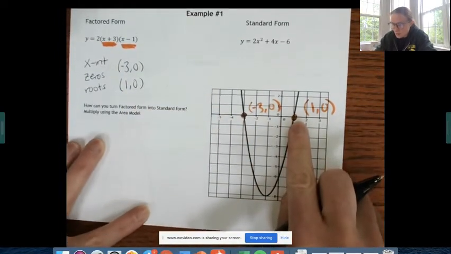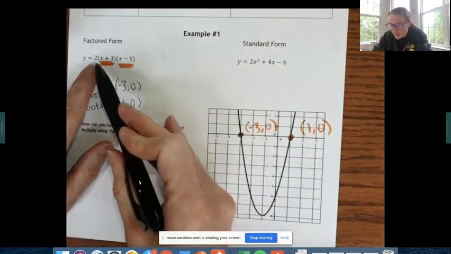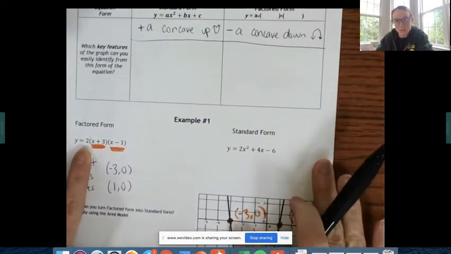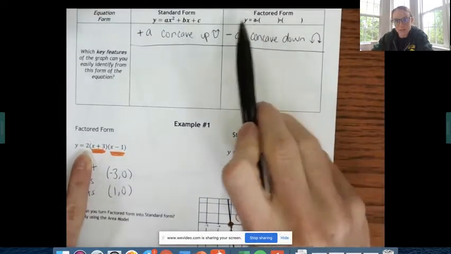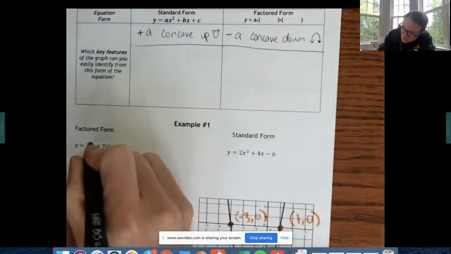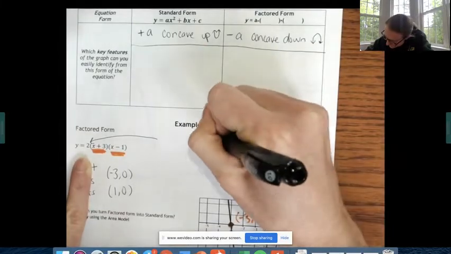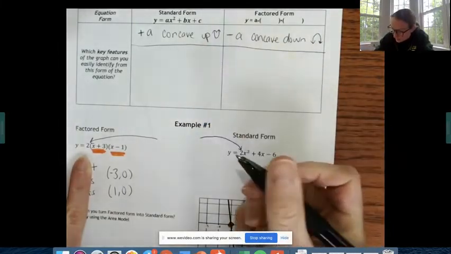All right, we can also see this a value. And we said this a value is 2. So let's look up here. Remember, for a values, if you have a positive a value, it's going to be concave up. So this a value out here, this value of 2, it's positive.